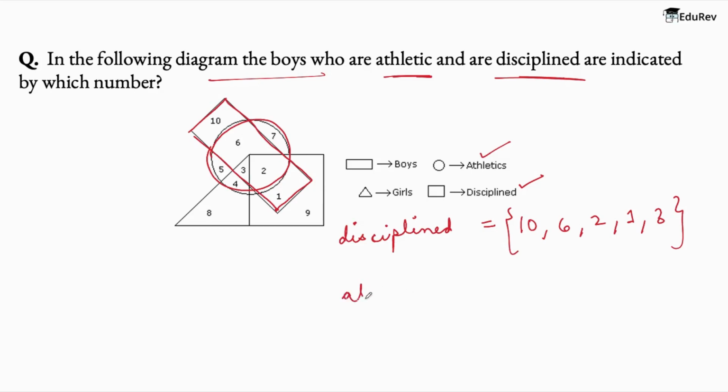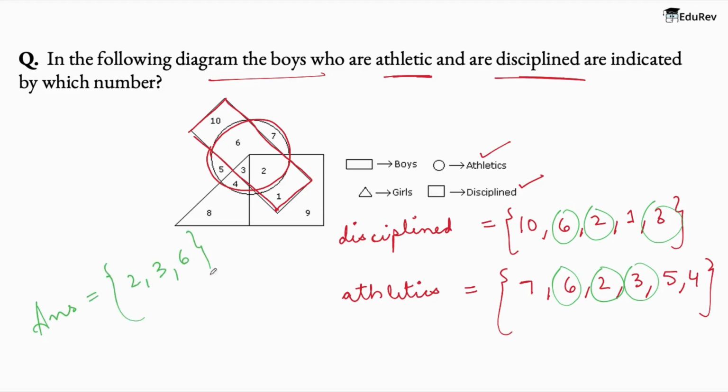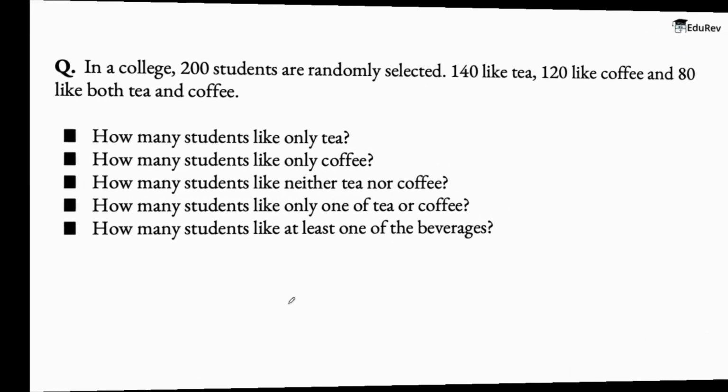When I talk about athletic, it includes your 7, your 6, your 2, 3, 5 and 4. So the numbers which are common to both of them will be what? So we have 6 in both, we have 2 in both and we have 3 in both. So the answer will be a set which contains 2, 3, 6. I hope you have understood this question. Now let's move on to the next question.